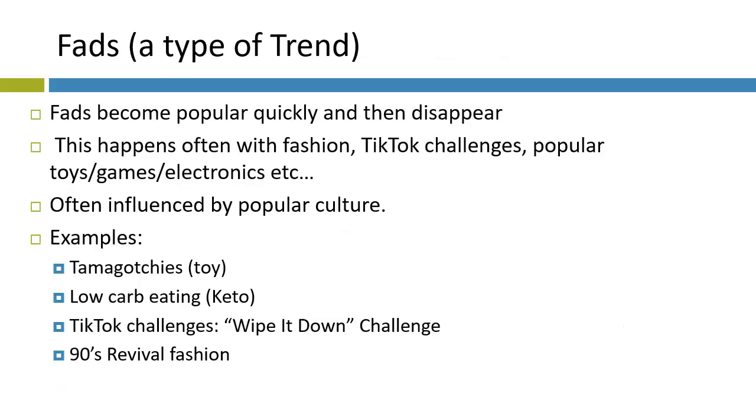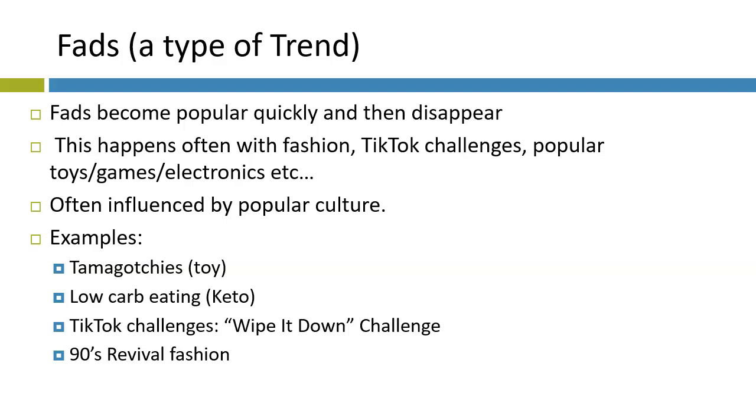We can make a comparison between trends and fads. Fads are things that become popular very quickly and then they disappear just as quickly. Examples of fads have to do with fads in the world of fashion, social media-based fads such as TikTok challenges, fads that sweep through the world of children in terms of different toys, games, and electronics.